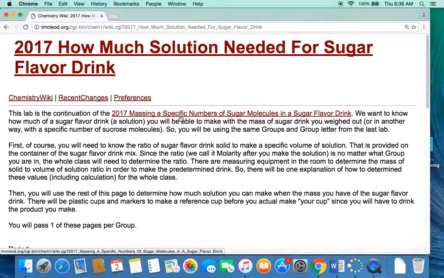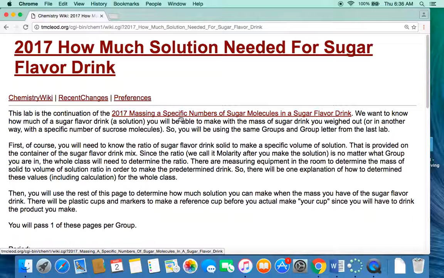So what you'll need to do is find out what 8 fluid ounces is in milliliters or liters. And then figure out what the mass is of the sugar drink for, I believe, 1.5 tablespoons.